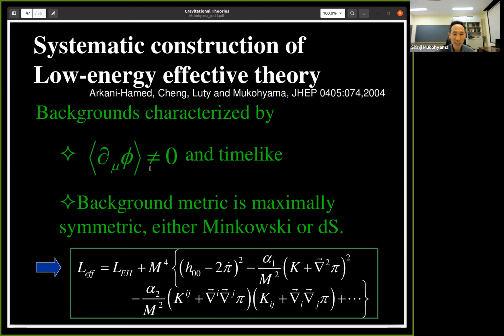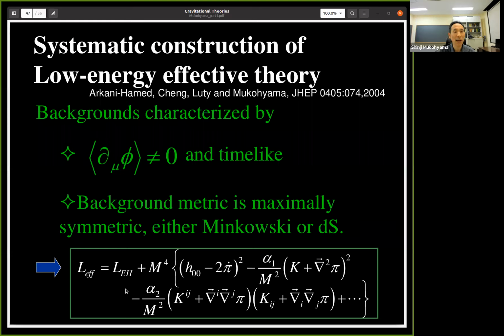We also assume that the background metric is maximally symmetric, either Minkowski or de Sitter. De Sitter may be considered a simple description of inflation or late time acceleration, and Minkowski may be the local universe. Later I will generalize this to a Friedmann background. With these two assumptions, we can get this effective field theory action.